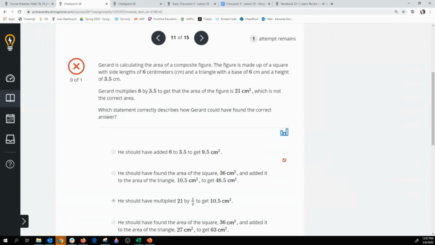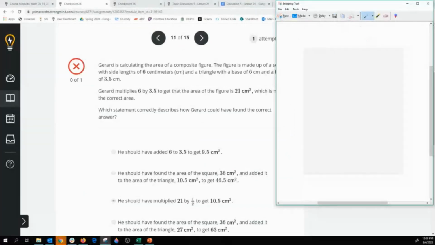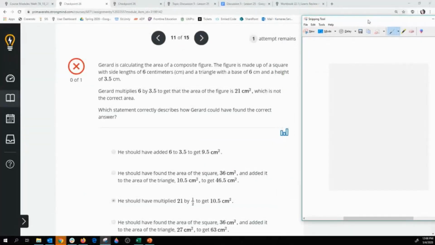All right, next one. Number 11 is talking about Girard. Okay, so Girard is calculating the area of a composite figure. A composite figure just means two shapes that are kind of smushed together. And it says that it is made up of a square. So here's my square with side lengths of 6 centimeters. So this is 6 and this is 6.